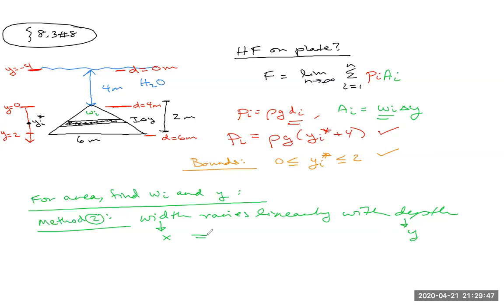Then linear relationship means that y equals mx plus b. So what's the relationship between y and x? When y is equal to 0, what would the width be? 0. And when y is equal to 2, the width is 6. From here, find your slope m.